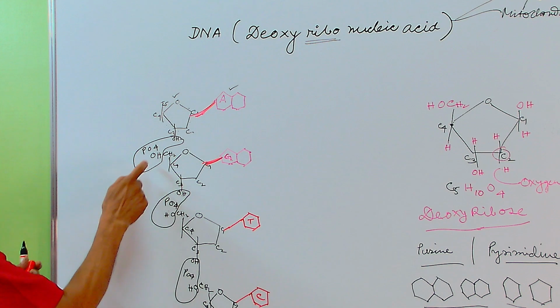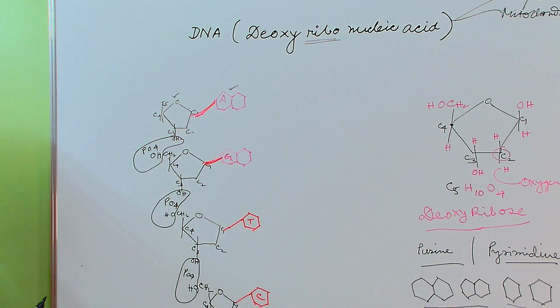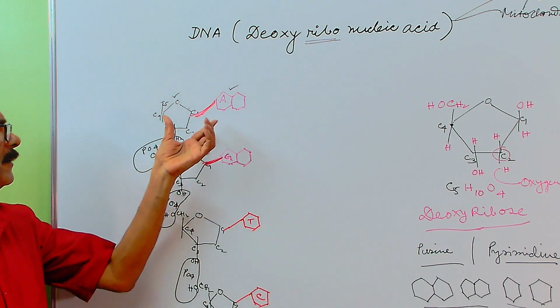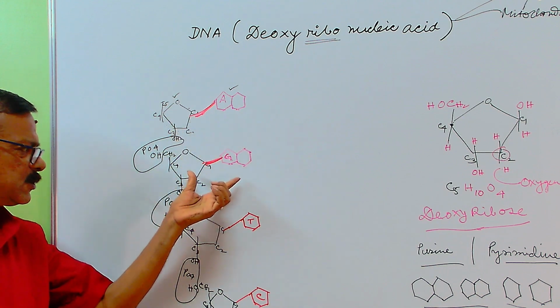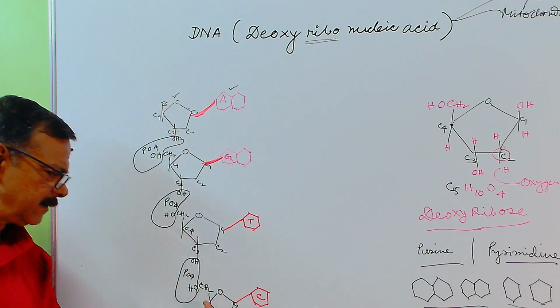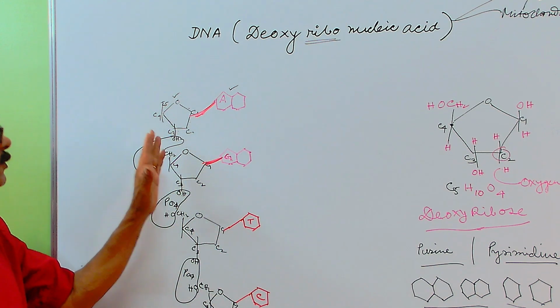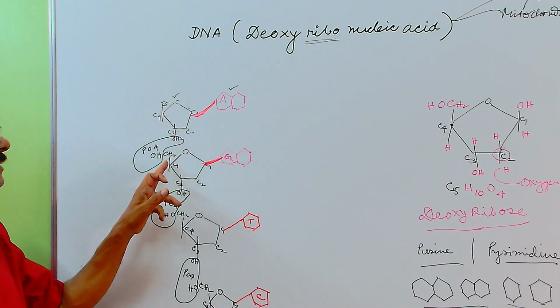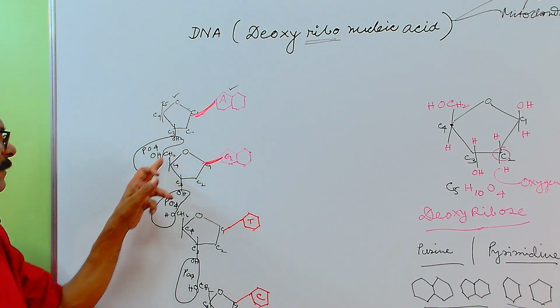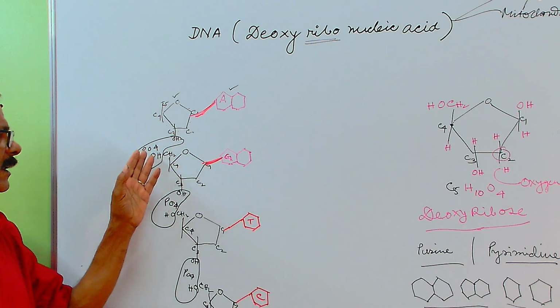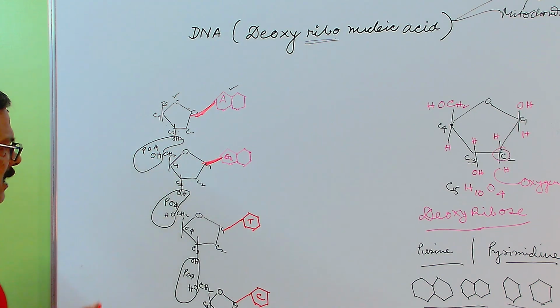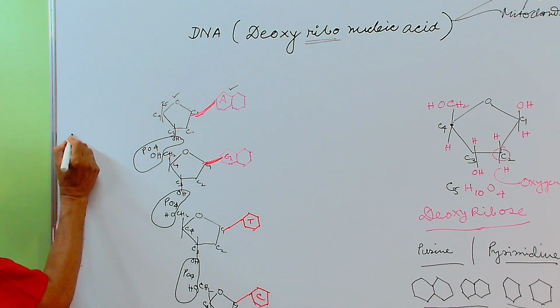These bonds are known as which bond? The nucleotides remain joined with one another in the sugar at the C3 position and C5 position. It remains joined with phosphate. This bond is known as phosphodiester bond.